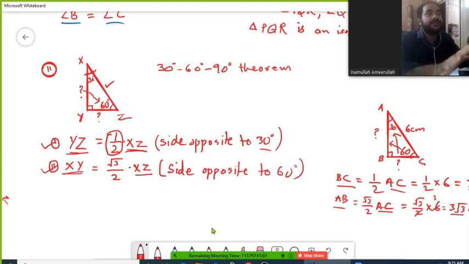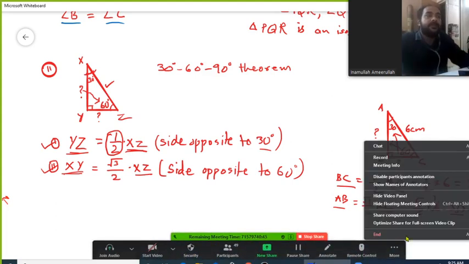So we just need to differentiate between those two theorems. Suppose you have a right angle triangle, as you can see on your screen, ABC or XYZ, any one of these two. In case of ABC, I gave only the length of AC, right? So this length of AC is known.